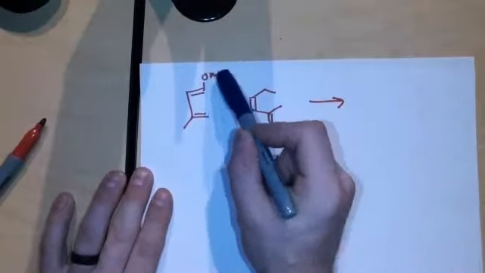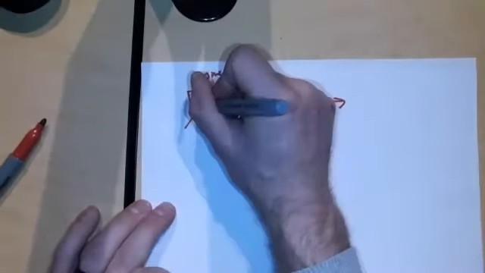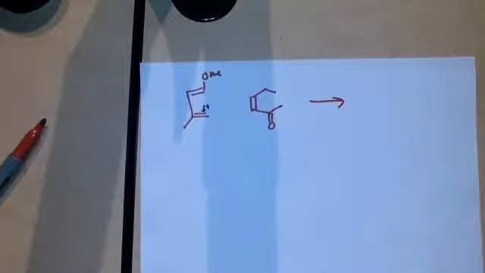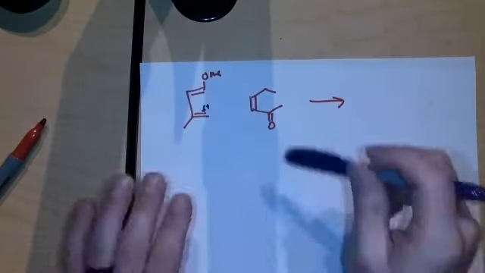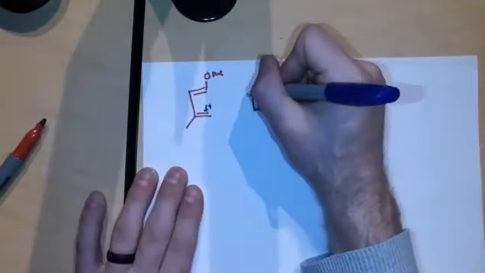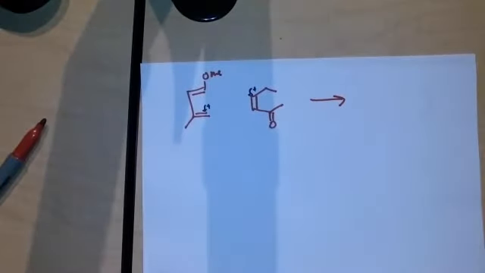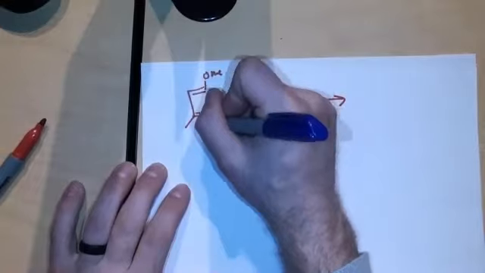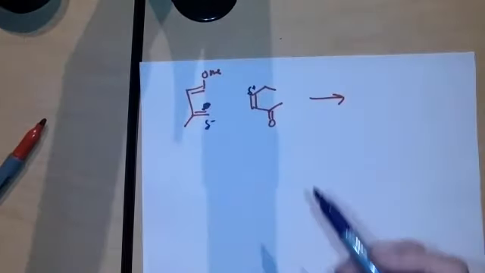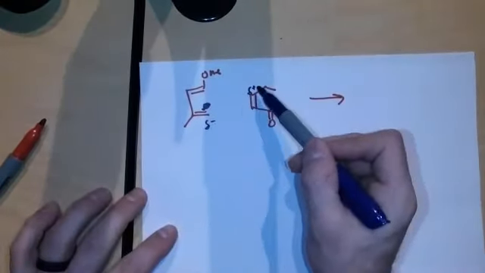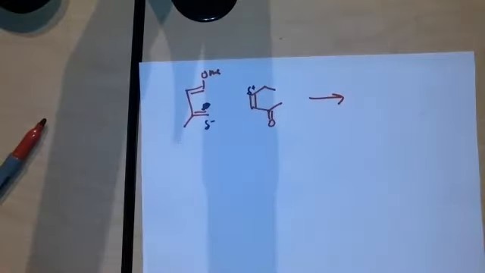If it's at the top position, I'm going to end up with a partial at the bottom. Carbonyls always act the same. Partial positive here. Oops, this should be negative, not positive. So currently these two are misaligned, which means that my major product is going to be the flipped one.